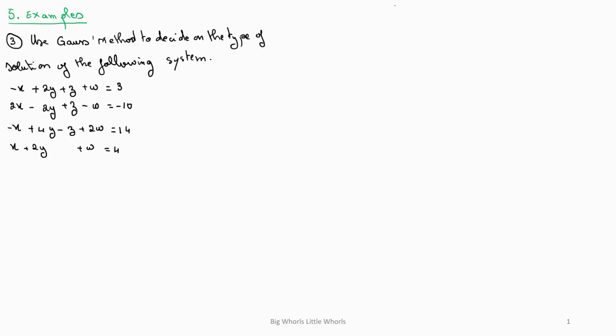I'm going to show the operations just to make things clear, since this is our first encounter with Gauss's method. Okay, so I want to recopy the system. Let me do it straight away here. In that case, let me do the operations.